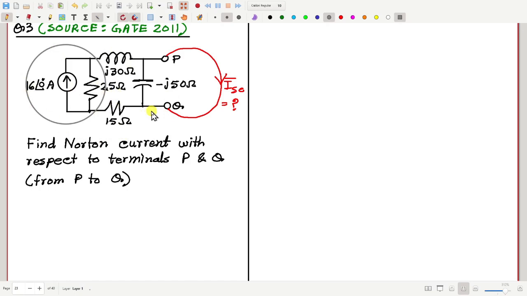But here we have one observation which will make the problem a little simpler: this capacitor is in parallel with a short circuit path. The impedance of the short circuit is 0, and this capacitor has some non-zero finite impedance.